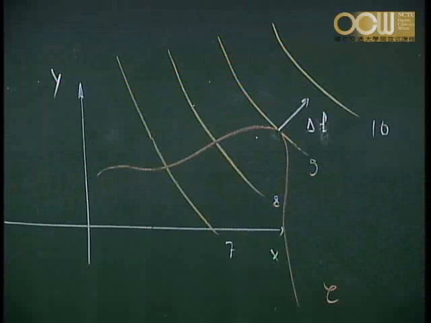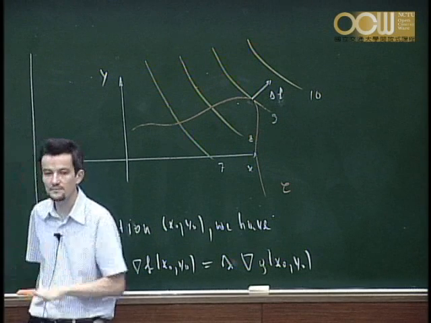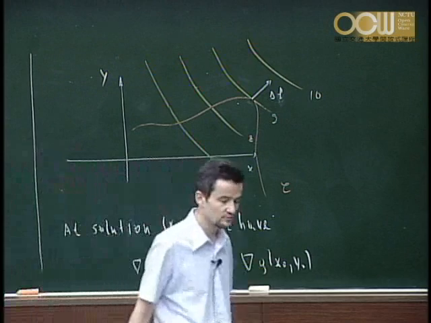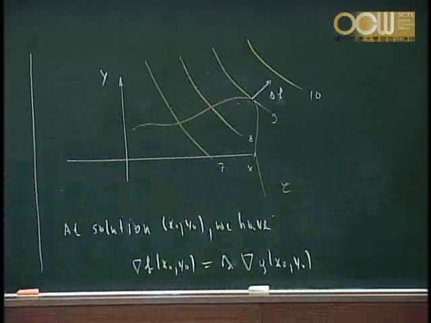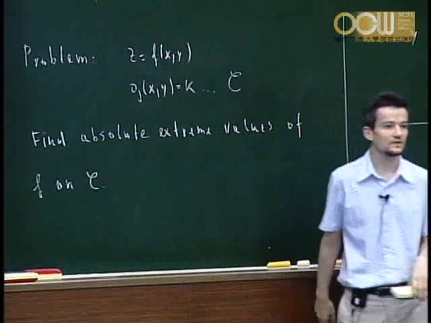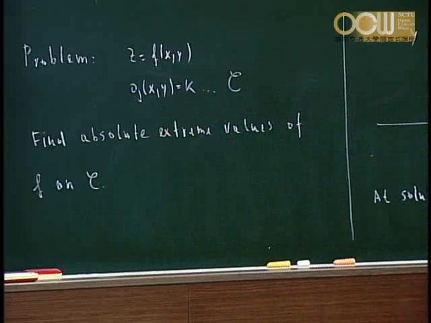Now, of course, it's also possible and not complicated to give a proof, because the same method holds for functions of 3 variables. So you have given here a function of 3 variables, and you have given a surface, and you want to solve the same problem. Functions of 3 variables we cannot depict easily.